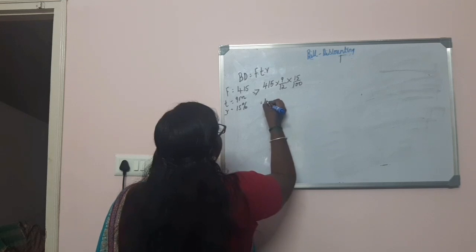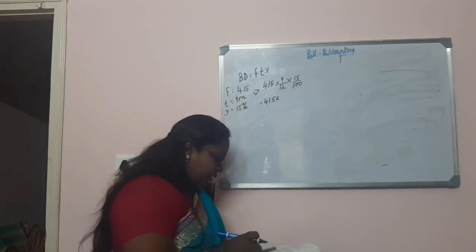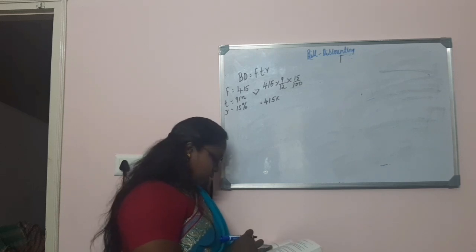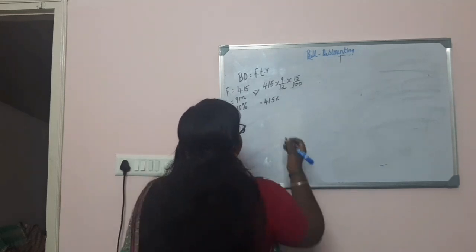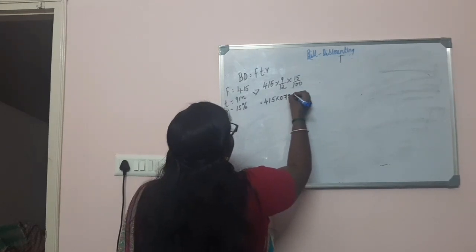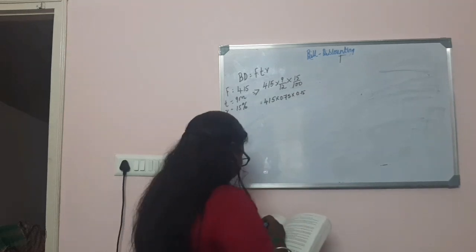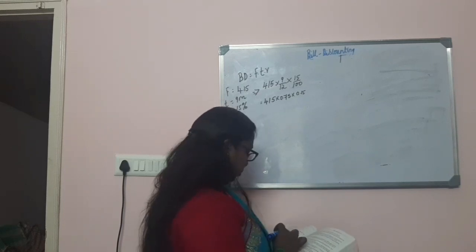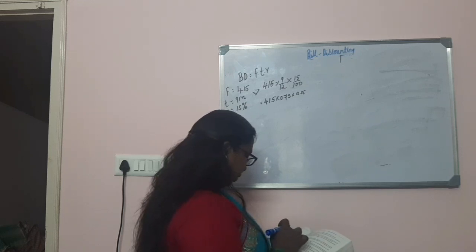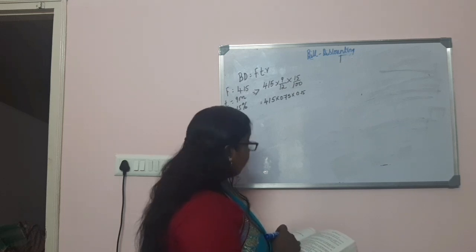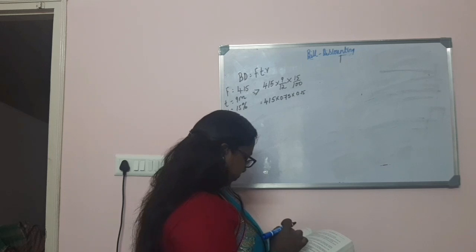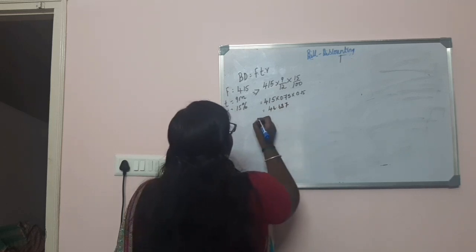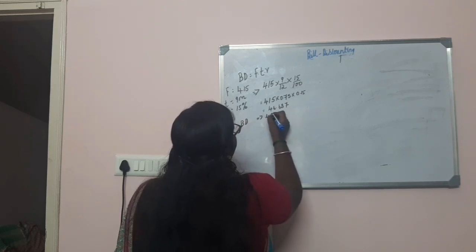You will get 415 into 0.75 into 0.15. We will get 46.687. Round it off. BD is equal to 46.69.